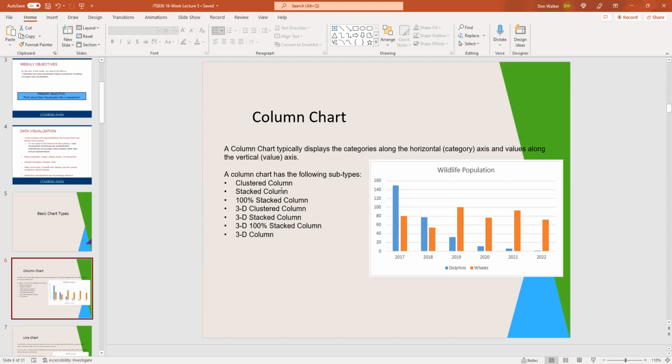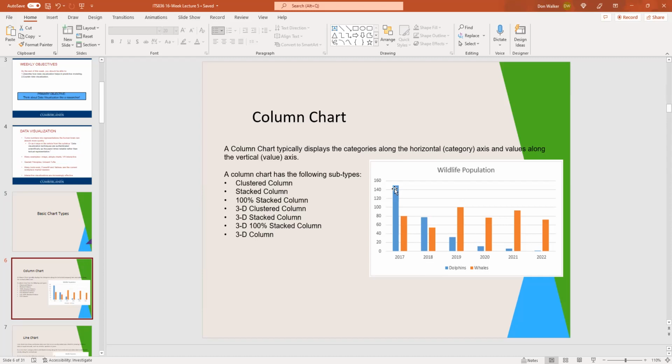A stacked column chart will take, for example, in 2017, the 80 whales and stack that on top of the 150 dolphins to get a total for the time period, and the entire chart will do that.